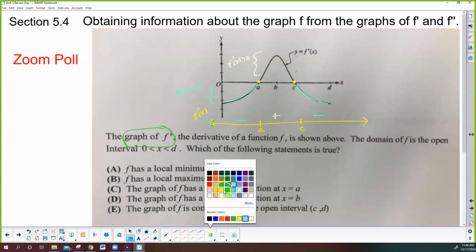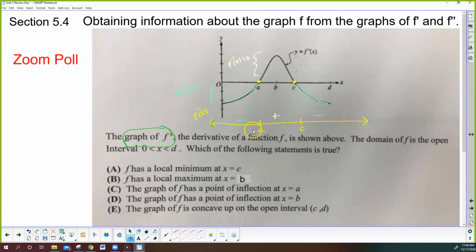So another way to view this information is through a sign chart. And look at what's happening right here. I have negative slopes to positive slopes, because these are the graphs of the slopes. So I go from decreasing to increasing, which means there has to be a minimum at A. And then at C, I went from being positive to negative, which is a maximum.